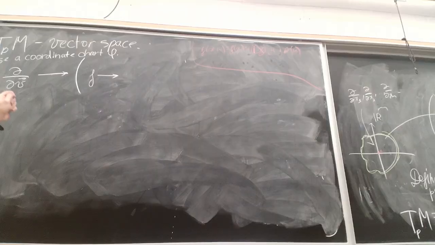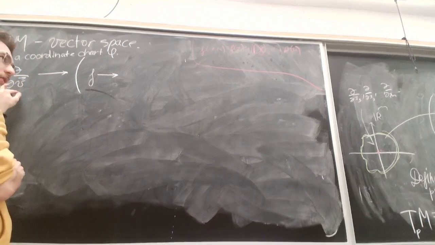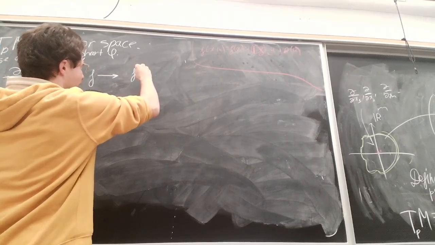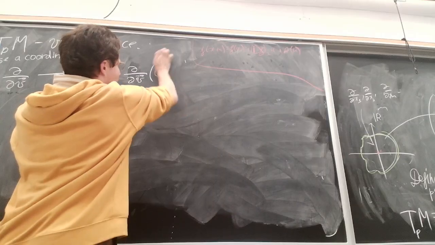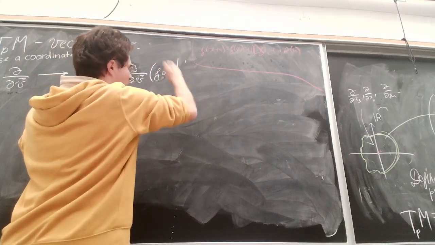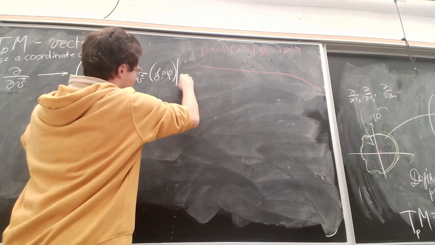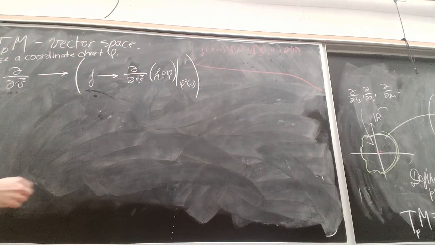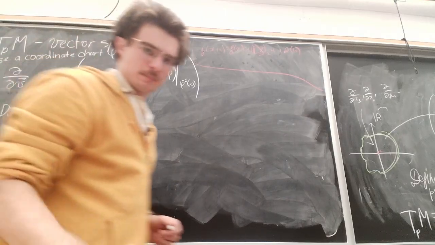After I choose my coordinates, I will define this map that takes a derivative in the direction of v, and maps it to something that takes in a function f and sends it to the derivative in the direction v of f composed with my coordinate chart, evaluated at phi inverse of p. And so the claim is that this is a map from directions in Rm into TPM.